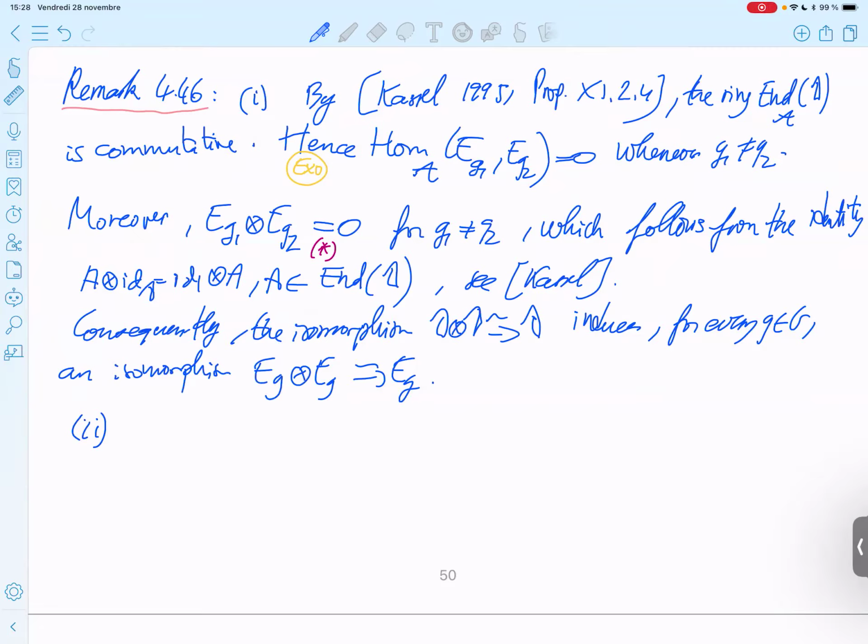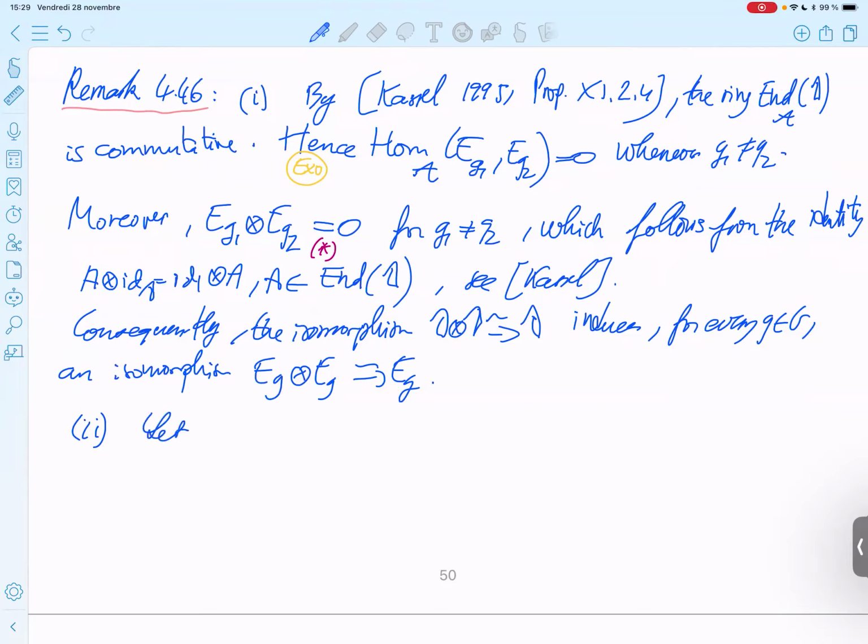We don't need to go into the complete definition of what a sheaf is, because here it's over a finite group. You just need to consider here a G-indexed family of finite dimensional K vector spaces. There is no topology, there is nothing.